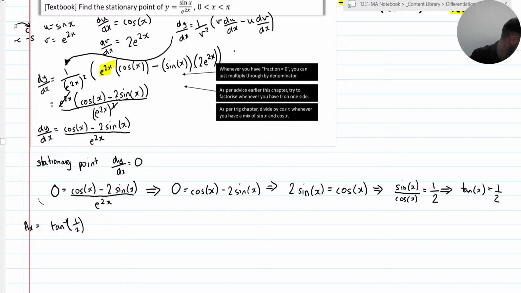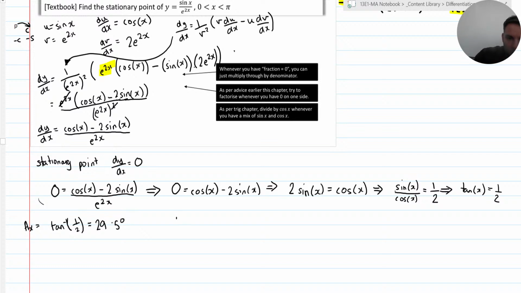Let's do that on our calculator. Shift tan to the minus 1 of 0.5, which is equal to 29.5 degrees, like so. 29.5 degrees.